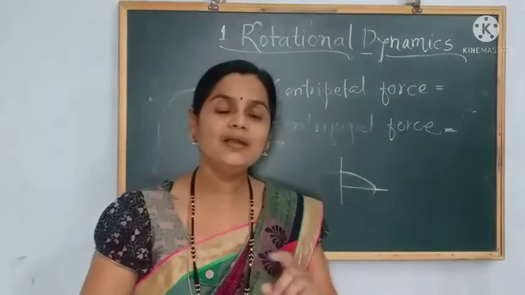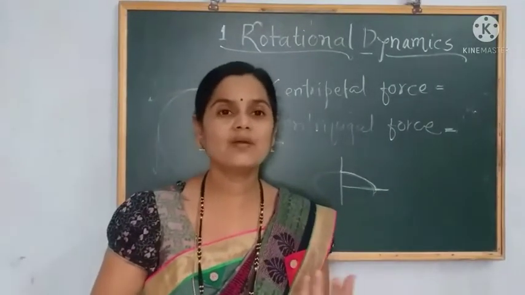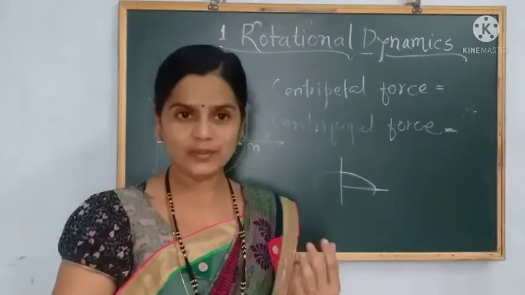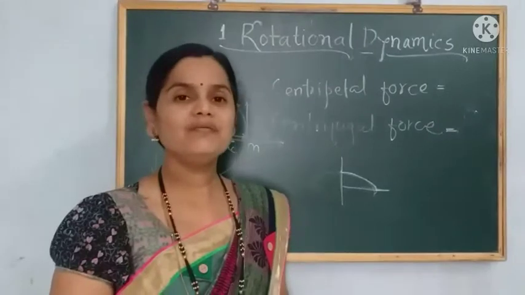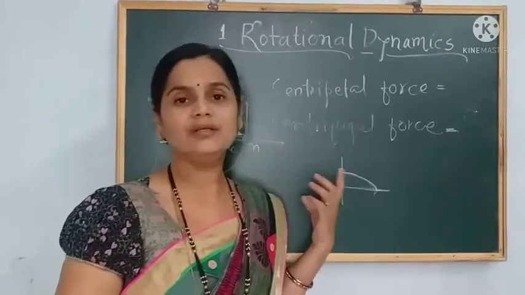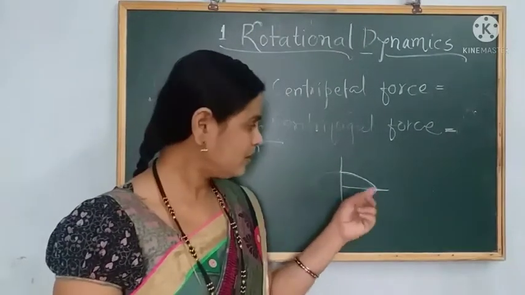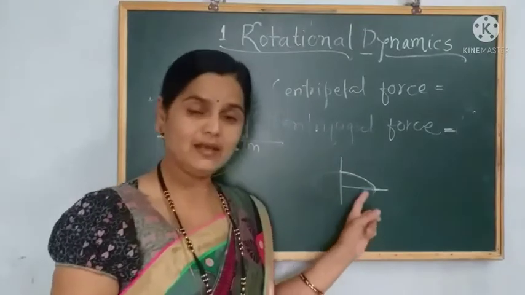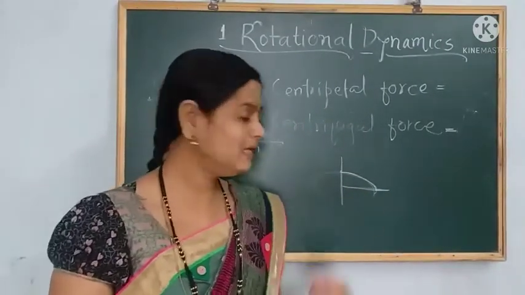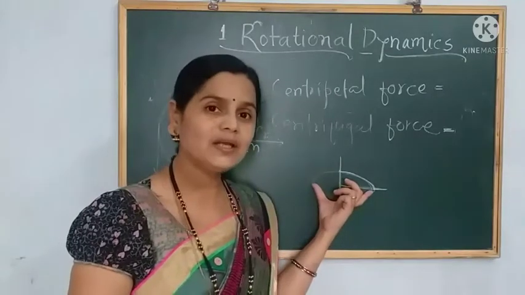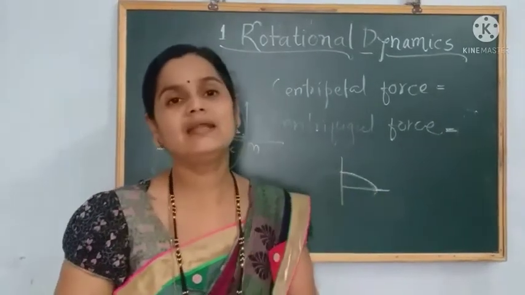Due to this continuous axial motion of the earth, the shape of the earth is bulgy at the equator and flattened at the pole.